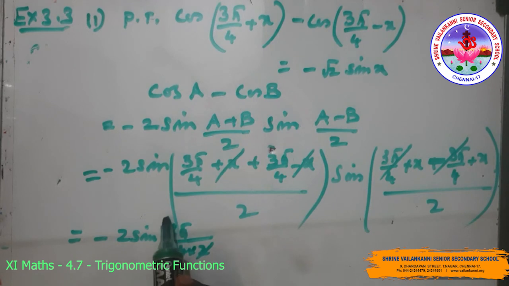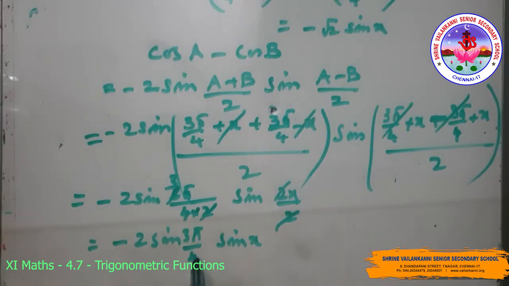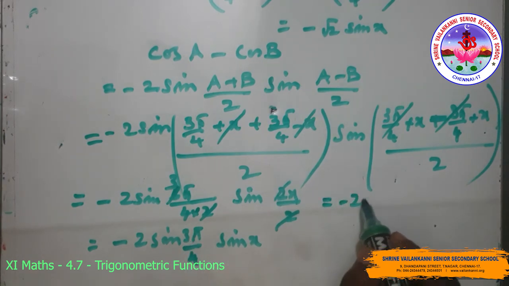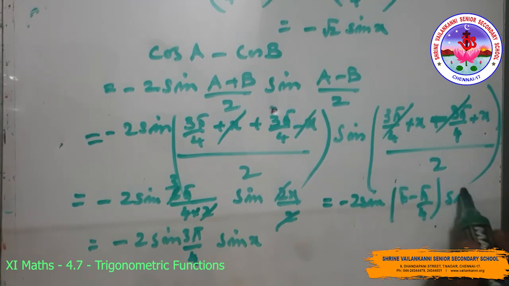Cancelling this, 3 pi by 4 into sin of 2x by 2. So cancelling this, we get minus 2 sin 3 pi by 4 into sin x. So writing 3 pi by 4 as pi minus pi by 4, which is equal to minus 2 sin of (pi minus pi by 4) into sin x.